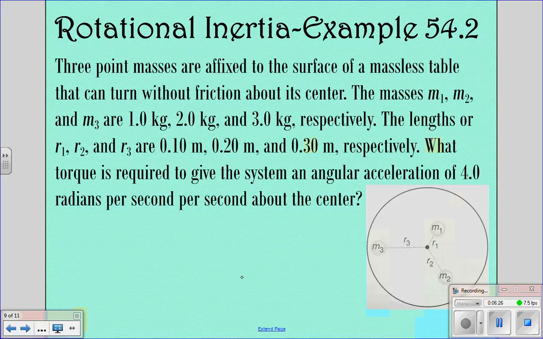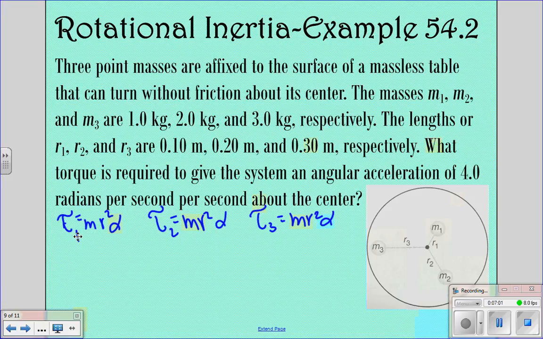We're going to use torque equals m r squared times your angular acceleration for mass 1, and then torque equals m r squared angular acceleration for the second mass, and then torque for the third mass, m r squared and your angular acceleration. You have to do all 3 of them because we have 3 separate masses that we've got to turn.